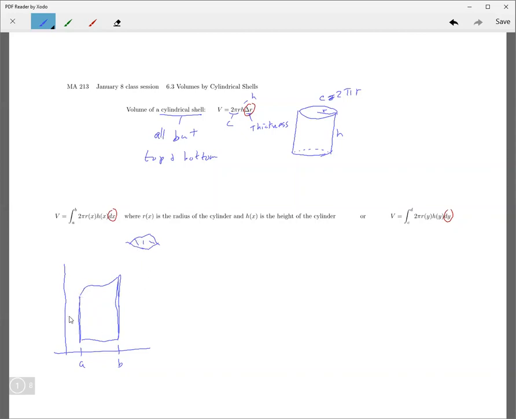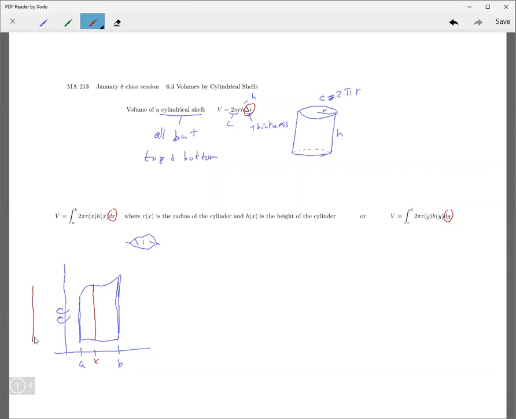Okay, but anyways, this is being revolved about an axis, okay? So what happens is if we were to take a typical value X between A and B, then this line segment that goes from the lower curve to the upper curve would be rotated about this axis as well.